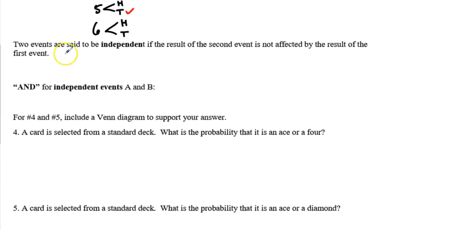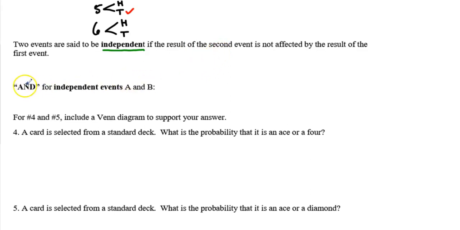Okay. Big idea here. We're going to get more into this in our next lesson, but this notion of independence. So if you're spaced out, concentrate here. Two events are said to be independent if the result of the second event is not affected by the result of the first.